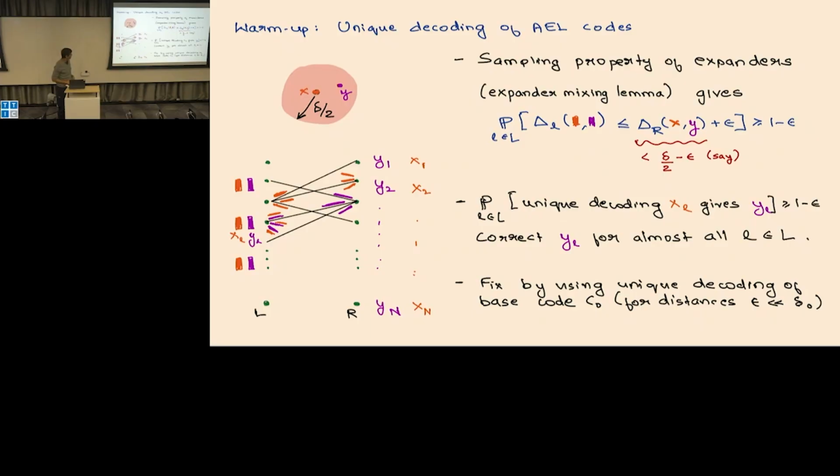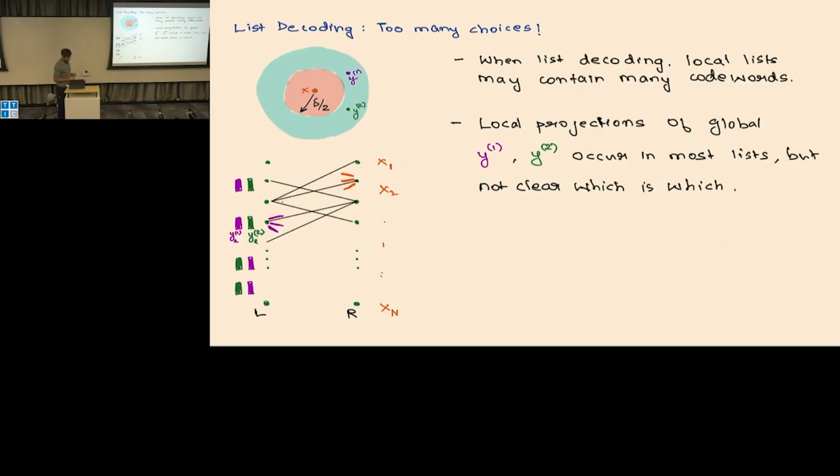Okay. So what we would like is something about as simple. And an issue is that when we try to do list decoding, everybody has too many choices to pick from. So let's say we try the same scheme. We have one X. Every vertex on the left looks at the bits on the edges incident to it and tries to decode.